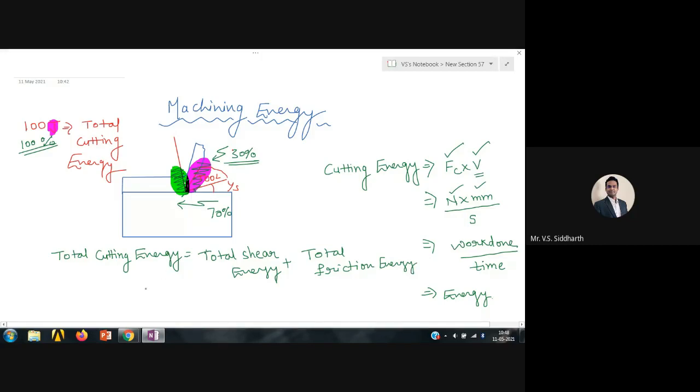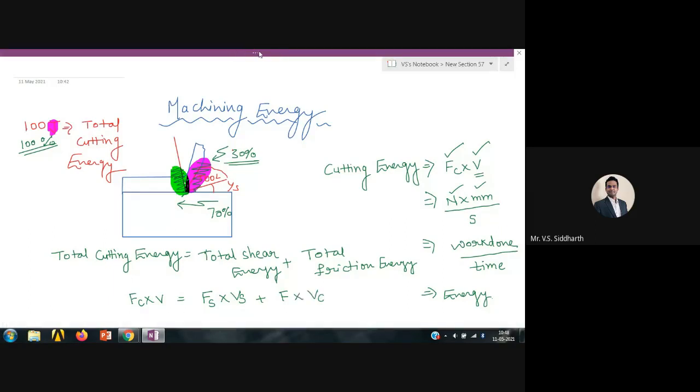So how was the total cutting energy? Cutting velocity multiplied by cutting force, Fc into V. How much is the total shear energy? Shear force into shear velocity, right? You know the difference between shear velocity and chip flow velocity. Plus, what is the total friction energy? That is friction force multiplied by Vc, where Vc is the chip flow velocity.